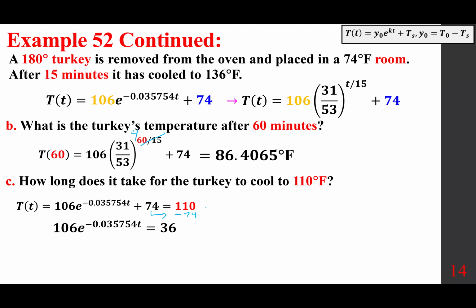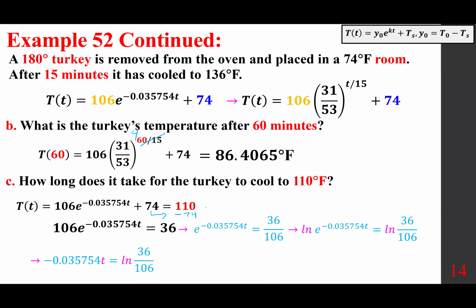Obviously, we're going to divide both sides by 106. Because when I get to t, we're going to take a natural log of both sides. When you take the natural log of both sides, the right side remains unchanged. The left side becomes just the exponent, negative 0.035754. Divide by this number.